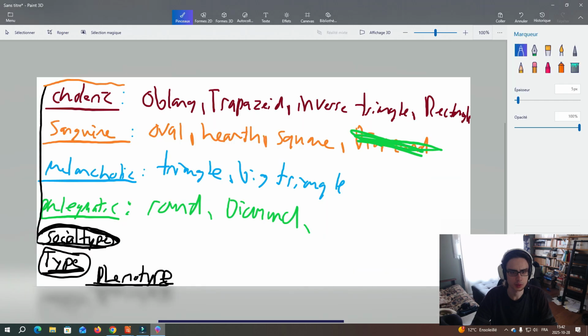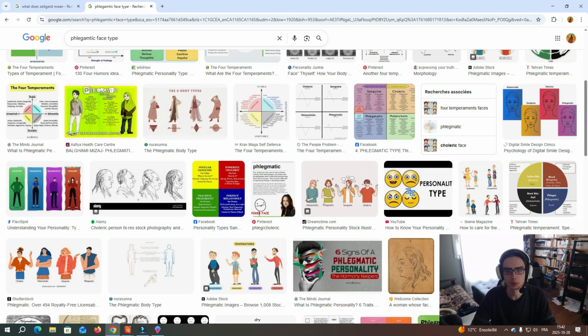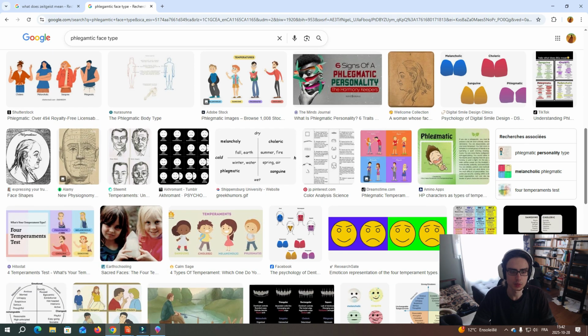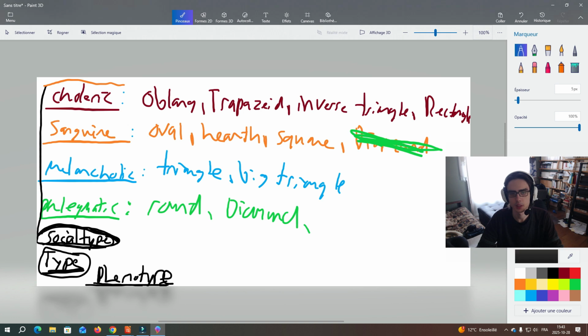And it can be very difficult. Some people are saying, okay, you need this face type. Actually, no. It also depends on the time. Mostly when people are young, they have more of a triangle or something like an oval, and with time they become more square.